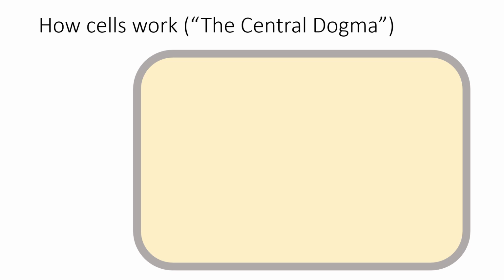Shown in this diagram is a rectangle that's meant to represent a cell. I believe that all people, or most people, are familiar with the concept that the cell is the fundamental unit of life. Organisms are composed of many cells. Humans contain, I think, on the order of 1 trillion cells.